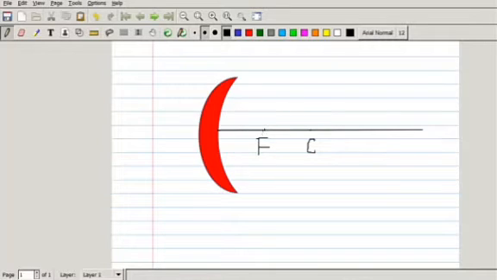This point where the image is confined is called principal focus. And C is the center of curvature of the mirror. That is, if we consider this as a part of a sphere, this will be the center of the sphere.